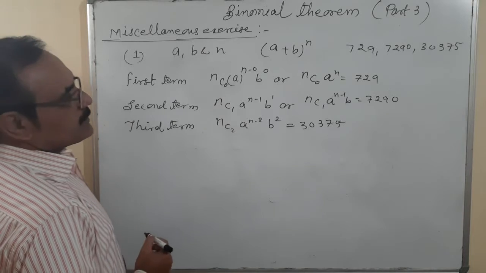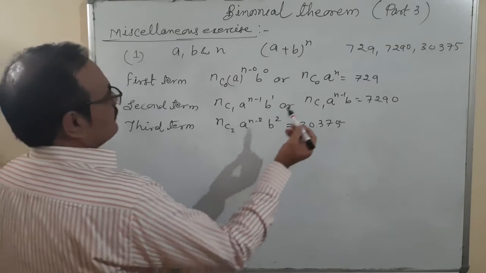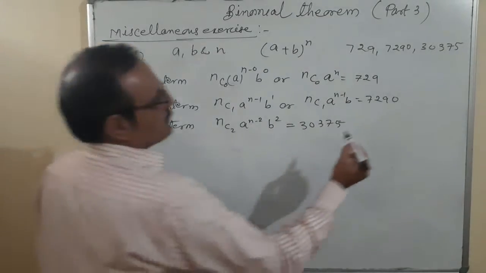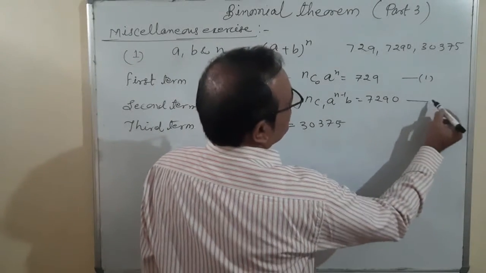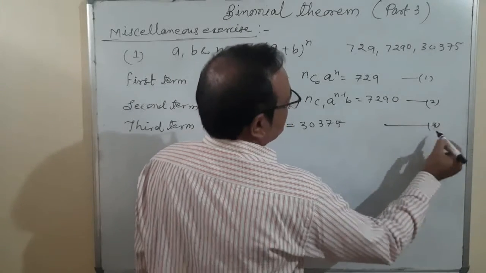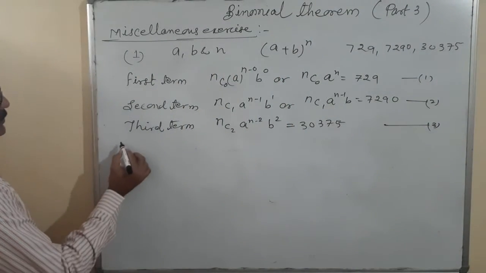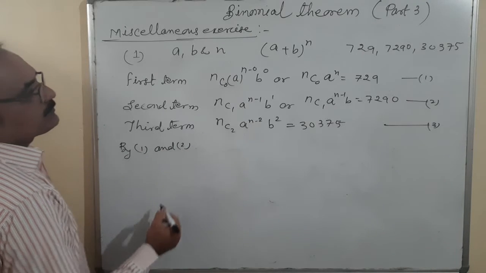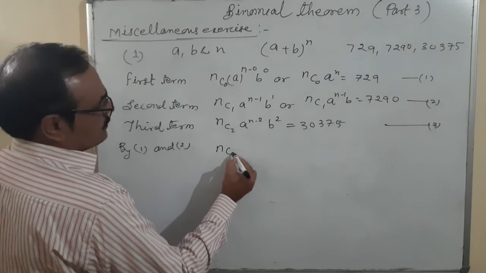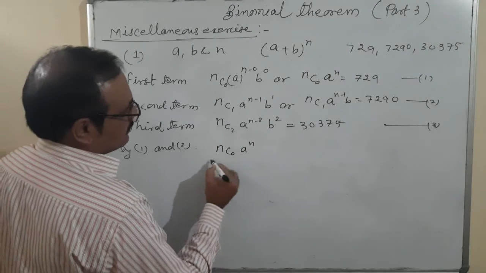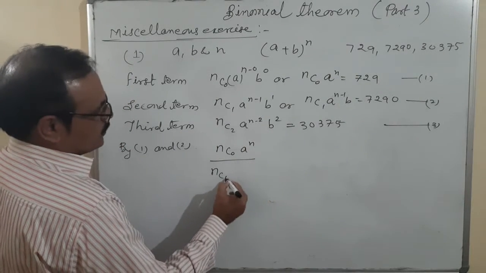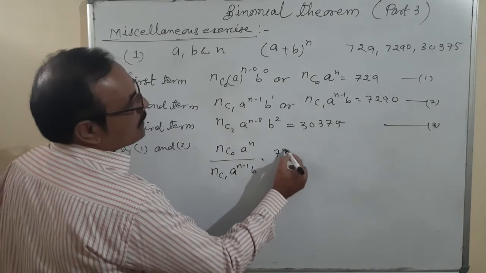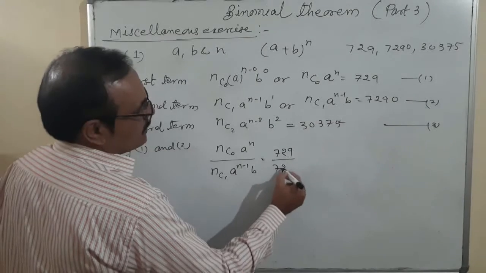So let us see first term and second term. If you divide first by second, nC0, a to the power n upon nC1, a to the power n minus 1 into b is equal to 729 upon 7290.